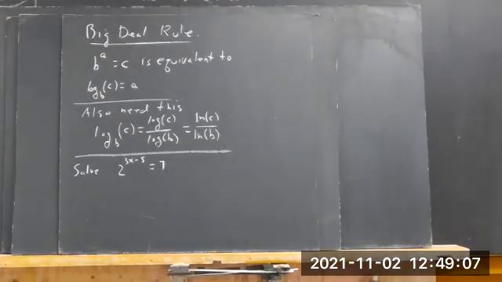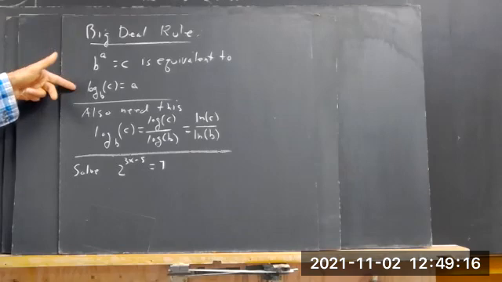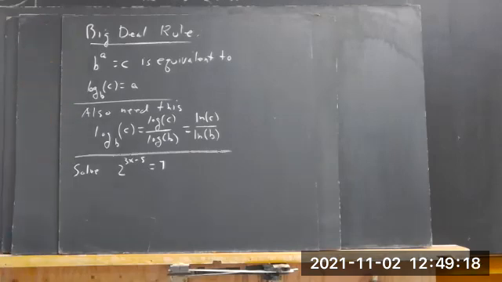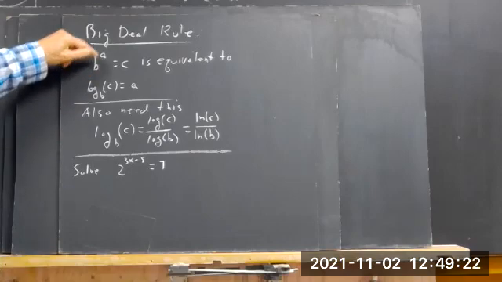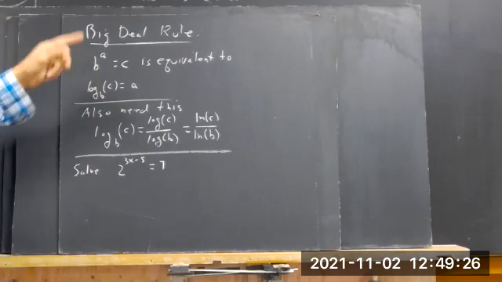To solve the equation, we look to see if this equation is in one of these forms. Is the equation in the form of b to the a equals c? I don't think it's in this form.